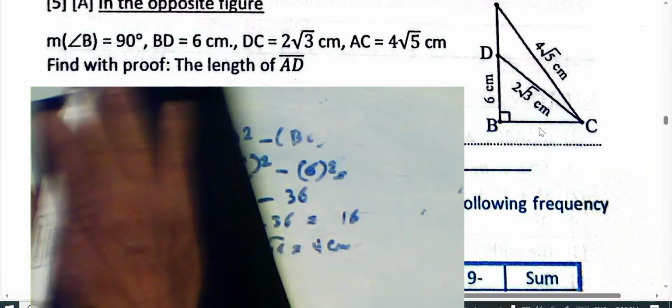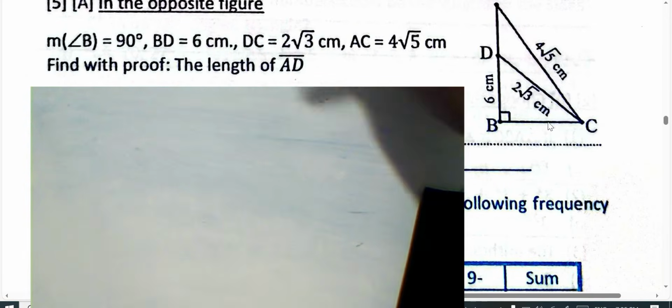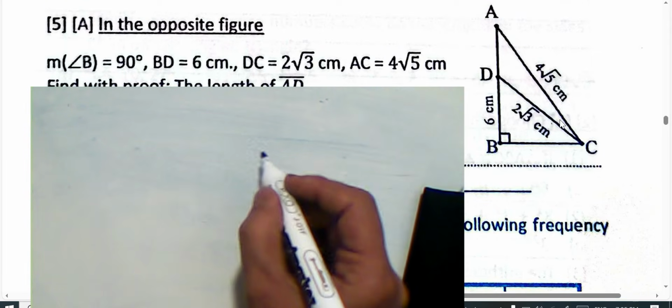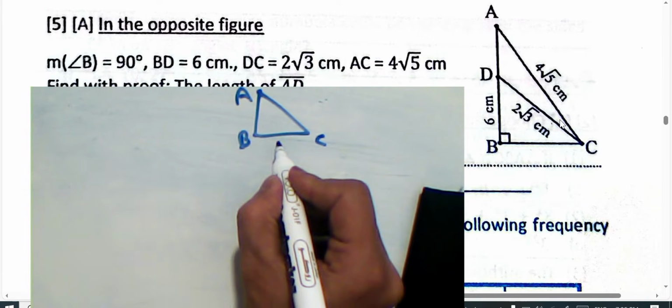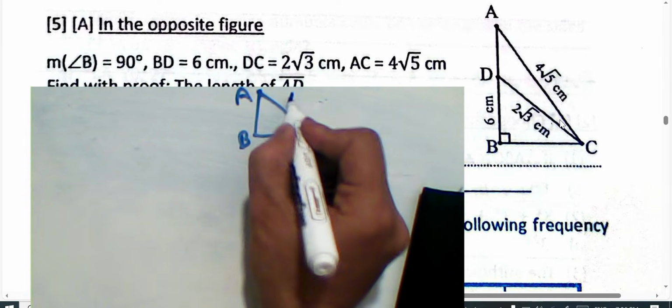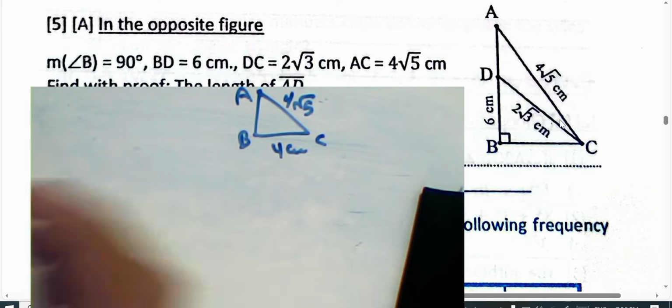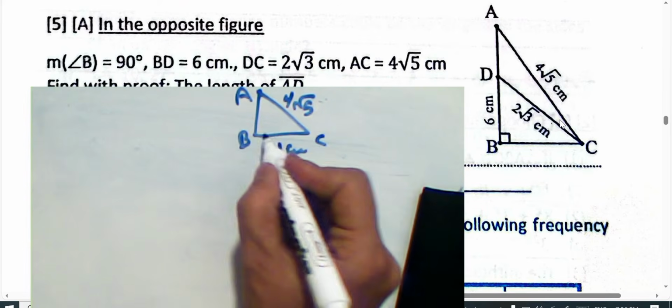Now we can find the length of side AB. In this triangle, look here, we have A, B, C. We found this number 4 centimeters and this side length 4 √5. We can find AB from the Pythagoras theorem.